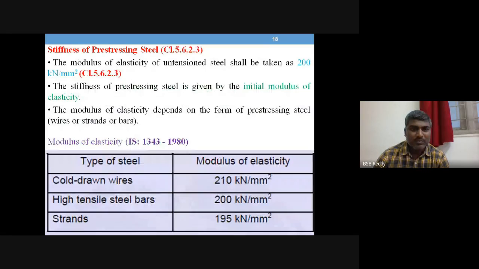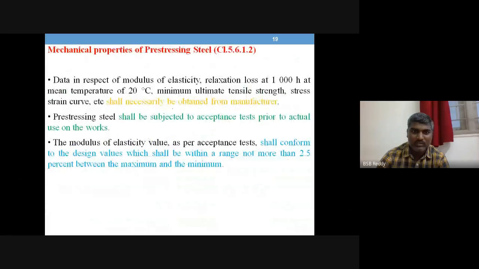And then stiffness properties of pre-stressing steel, which is nothing but Young's modulus values, the difference between the earlier code and the new code, where the new code says it shall be obtained from the manufacturer.